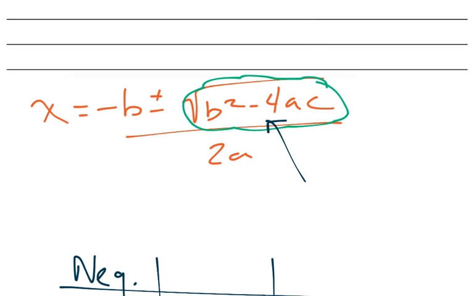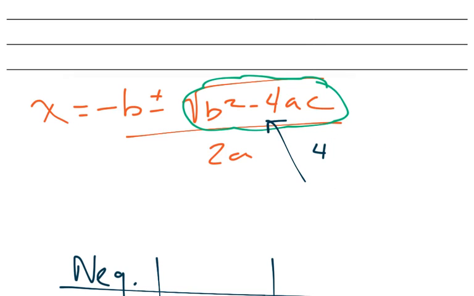There's also a situation where if I take b squared, like let's say it's 4 squared, or better yet, let's say it's 6 squared. And maybe you're in a situation where b is 6, a is 1, and then c is 9, which would mean that this would become 36 minus 36, or just 0. And if you were to add or subtract 0, then there'd really be no change to that.